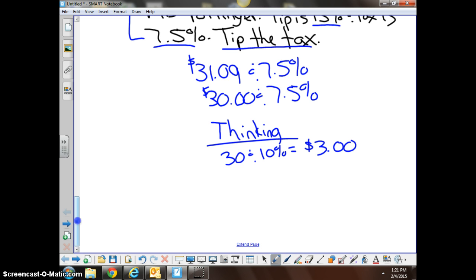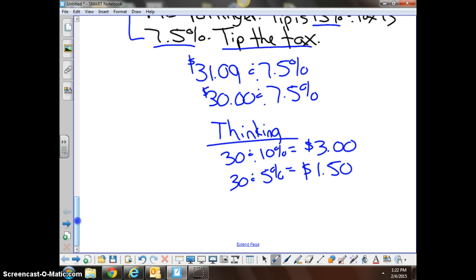So I know that 5% is what? So 30 and 5% is going to be what? $1.50. I have to go right smack dab in the middle of that, right? So what is in the middle of $3 and $1.50, everybody? $2.25. Now I'm dealing with quarters here, but I can deal with quarters.